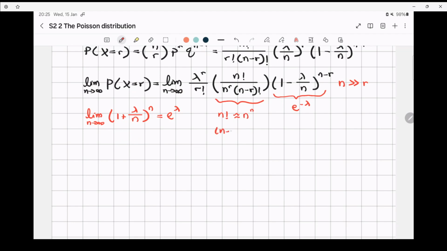so n minus r factorial would be approximately equal to n to the power of n minus r. Again, this is not as accurate, but we just want to estimate what this number goes to when n is approaching infinity and n is very much bigger than your r.